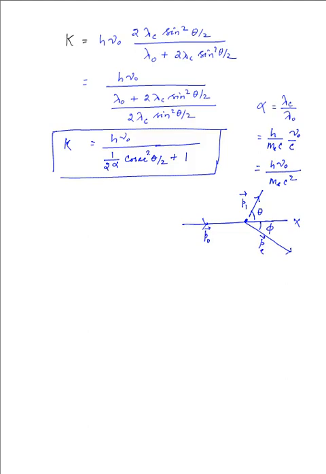Now with these things available to us, along the x-axis we can have an equation. Following the conservation of linear momentum, we have p naught simply equal to the sum of two terms: the cosine component of p1, which is p1 cosine theta, and the cosine component of pe, that is pe cosine phi.